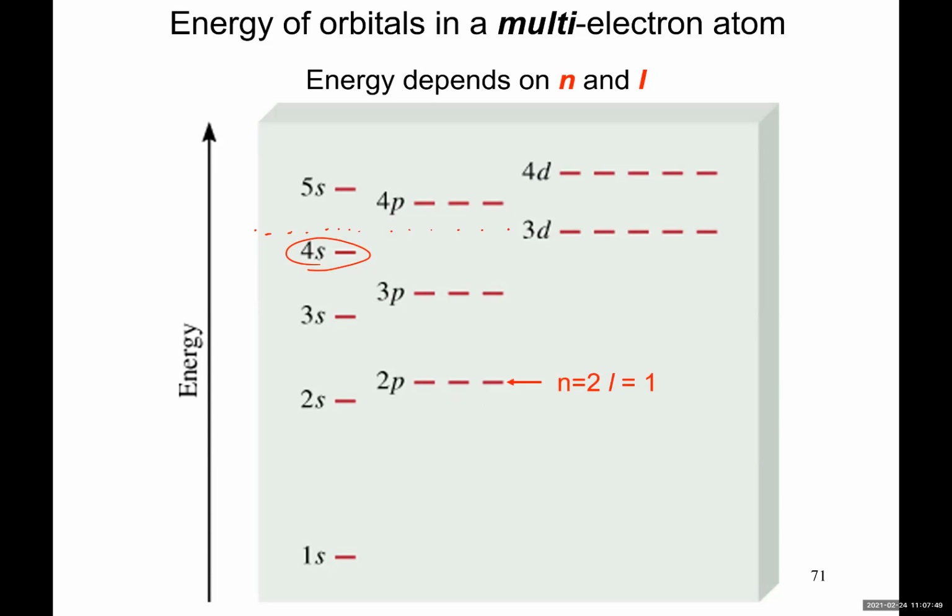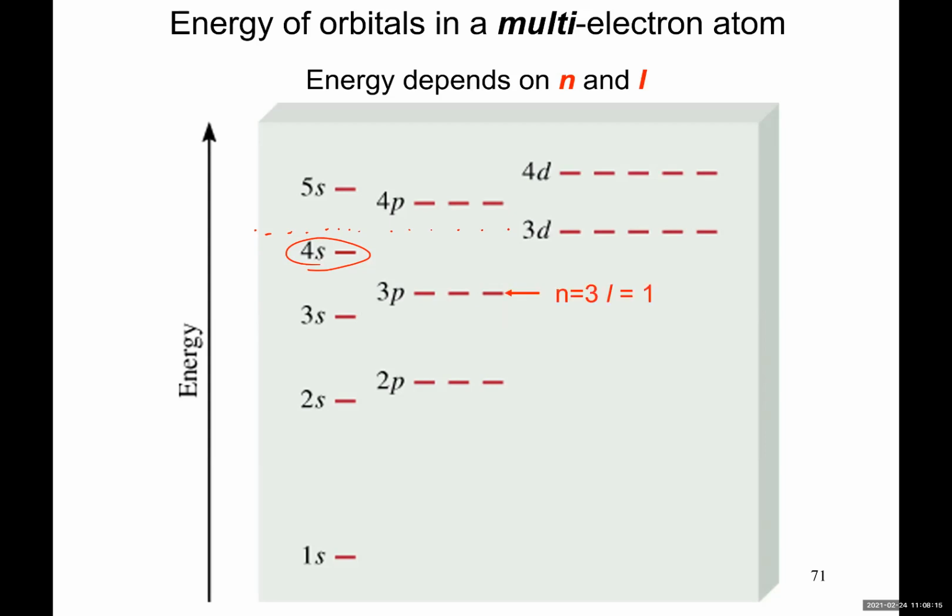And then n equal to 2 is showing second shell, l equal to 1 is showing p subshells. n equal to 3 is telling you that we are talking about the third main shell, and l equal to 0 means a spherical electron cloud, so this must be representing 3s electrons.